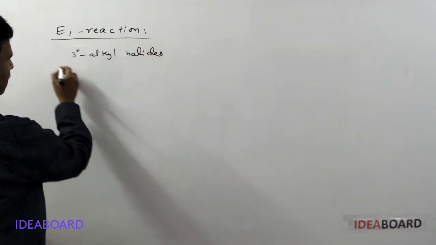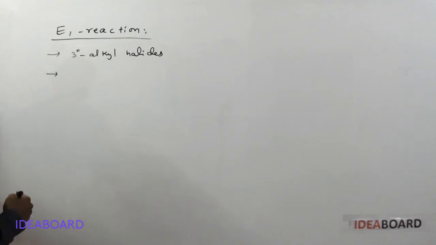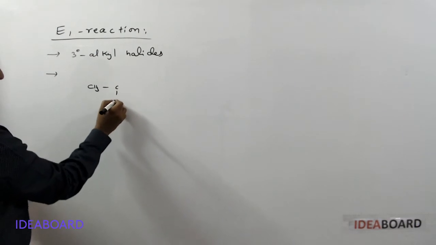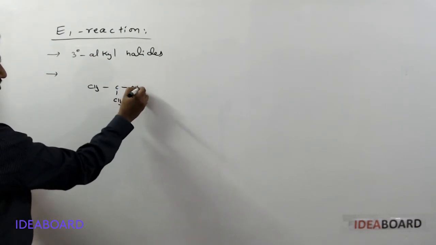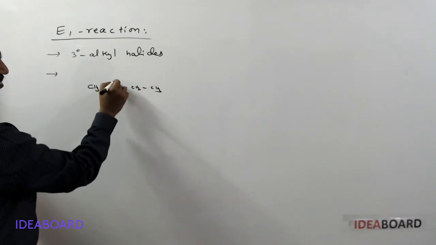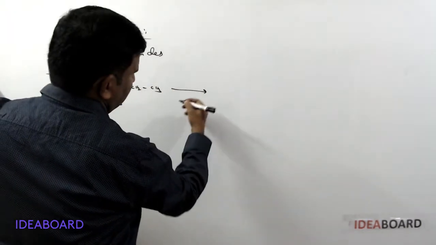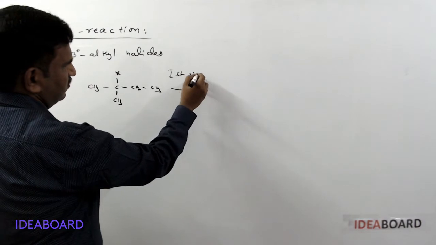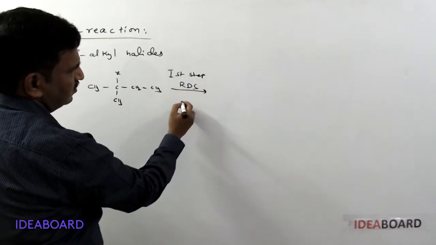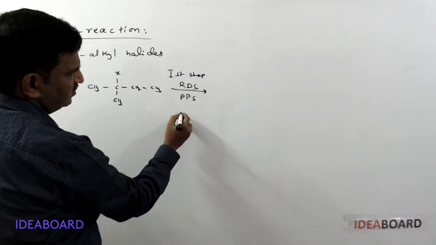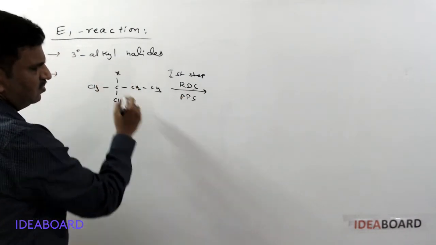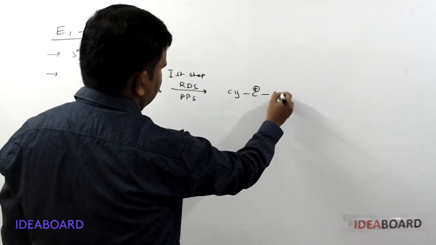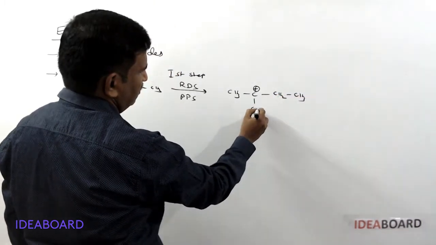We took one example: CH3, CH2CH3, and here it is having X. The first step is the rate determining step, in the presence of a polar protic solvent, and here the halide ion is eliminated, forming CH3C+ with CH2CH3 and CH3.